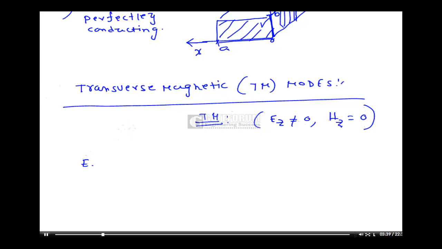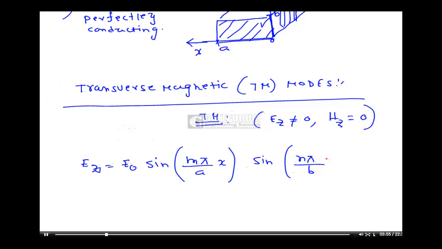Ez in the propagation direction is given by some magnitude E0 into sin(m pi by a x) sin(n pi by b y) into e power minus gamma z, where e power minus gamma z is because of the propagation direction, where m and n are integers.